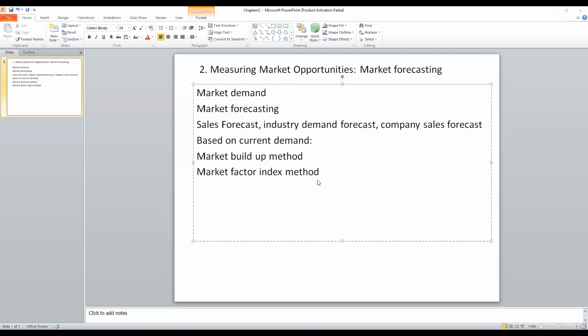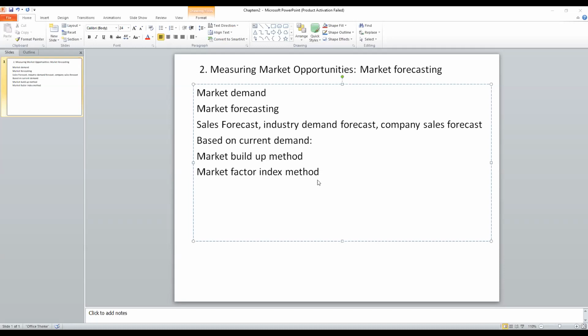They would be constant, they would rise, they would slow down. That is the sales forecasting. Now, industry demand forecast is based upon the industry in totality, and company sales forecast is with reference to that particular organization.